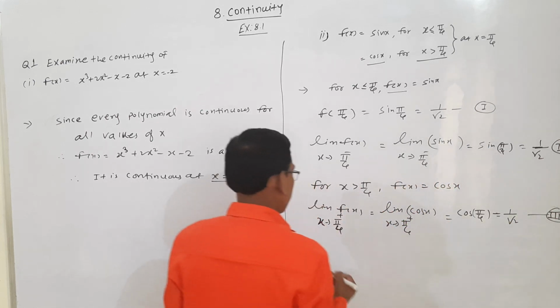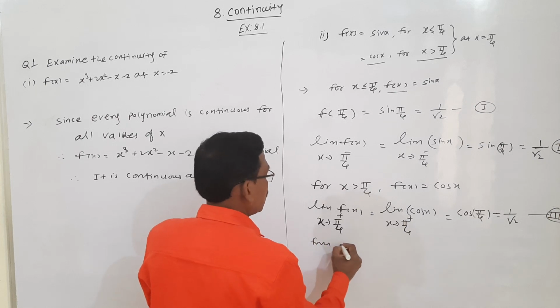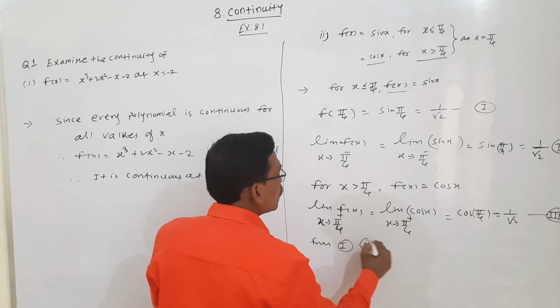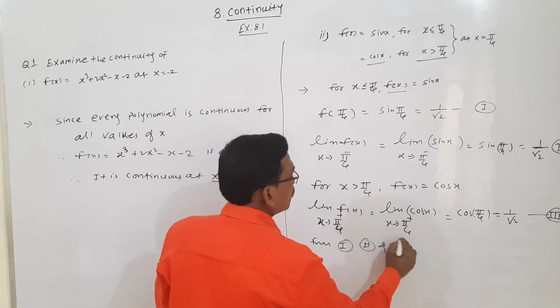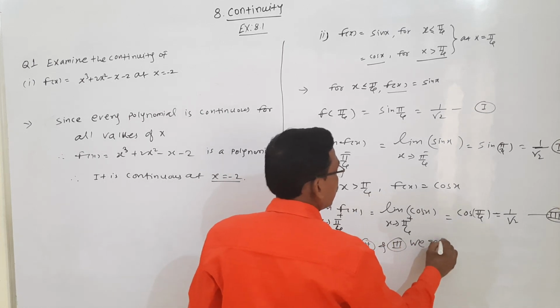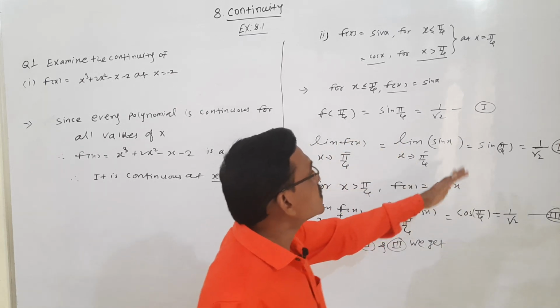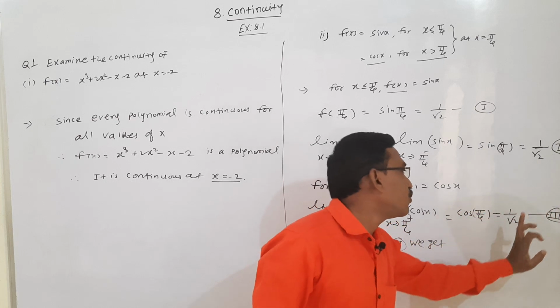So from equation 1, equation 2 and 3 we get that the right hand sides of these three equations are equal: 1 by root 2, 1 by root 2, 1 by root 2.